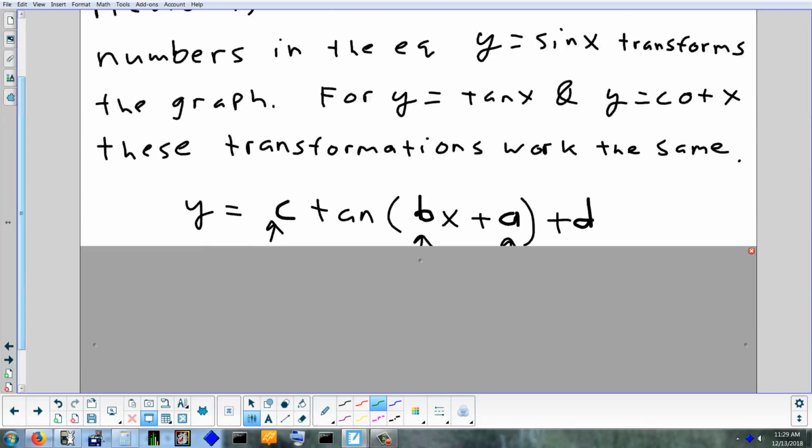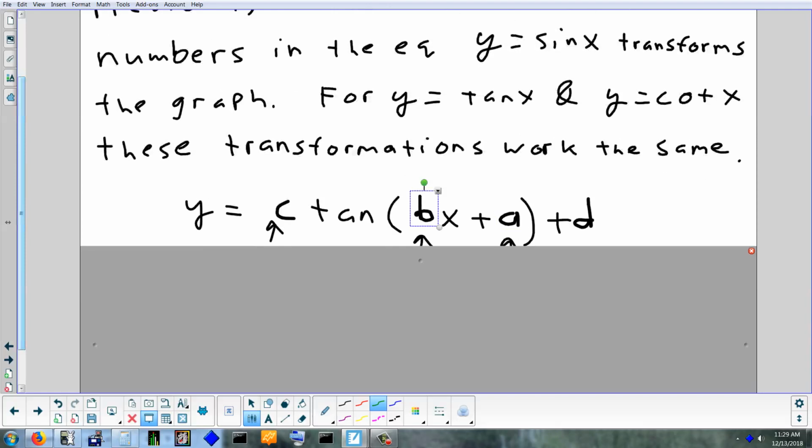So really quick, we'll just go through it. Can someone tell me what kind of transformation A would be? Which way would that move the graph? Yeah, Ryan? Horizontal shift. Yep, horizontal shift, left or right. If it was plus, it would be left, minus would be right. How about B?